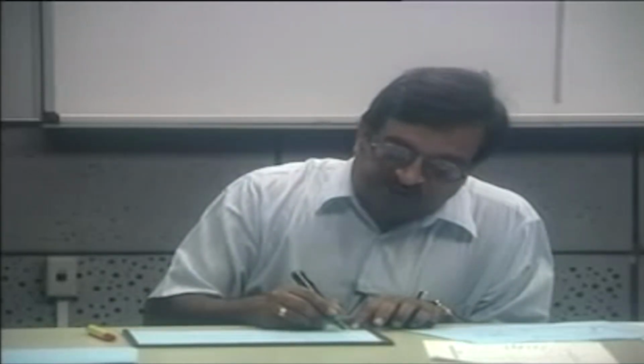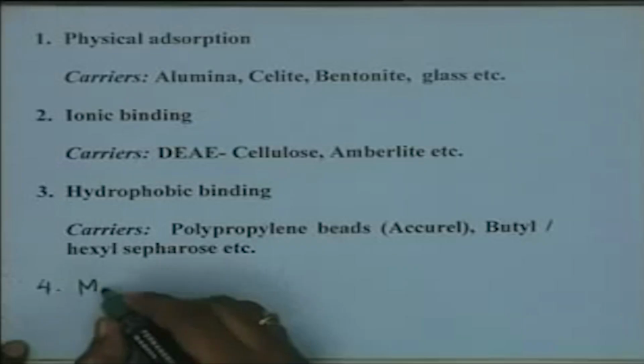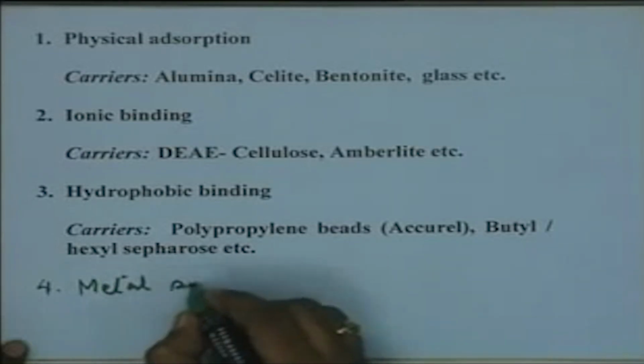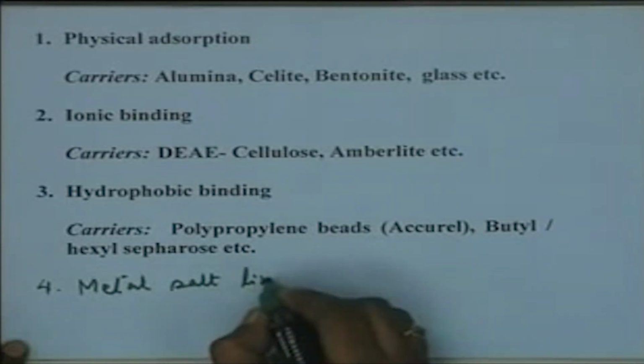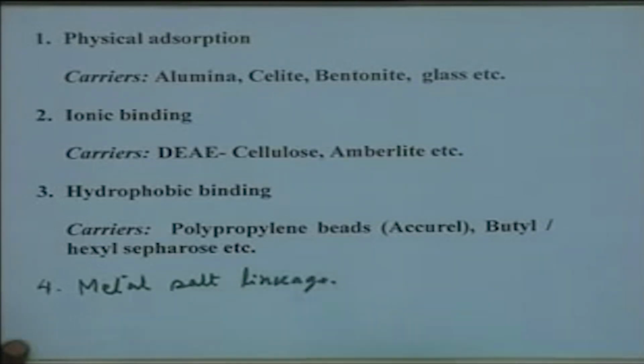Another important group of adsorption methods, which I will also talk about, is metal salt linkage. We will discuss that certain metal salts like titanium tetrachloride and ferric chloride form a kind of organic bridge on the surface of the carrier, to which the enzyme molecules can couple.